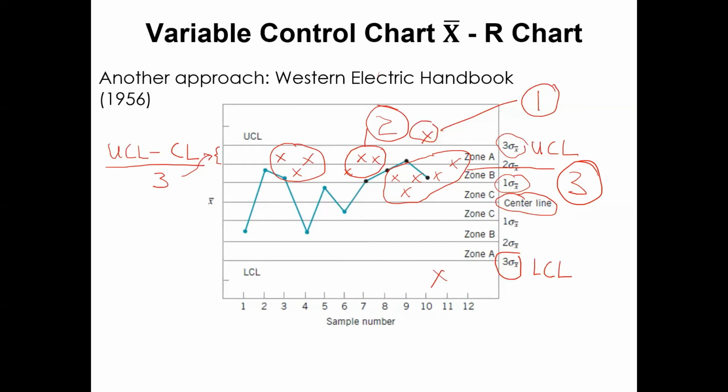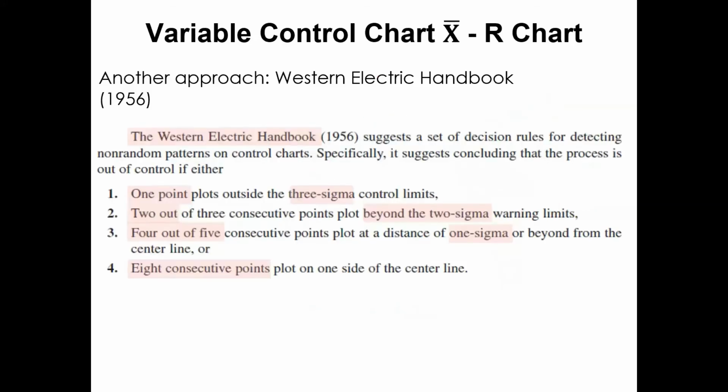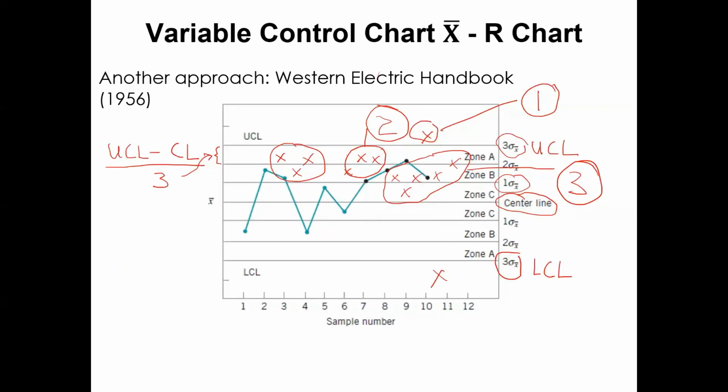How about the last rule of the Western Electric Handbook? It says that 8 points plot on one side of the center line. This is the center line. 8 points could be 1, 2, 3, 4, 5, 6, 7, 8.